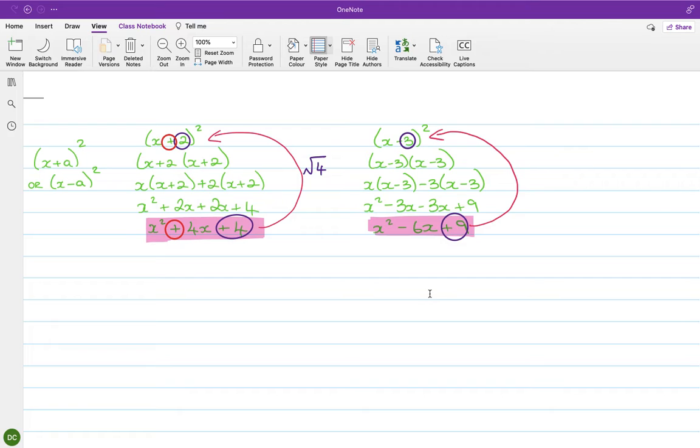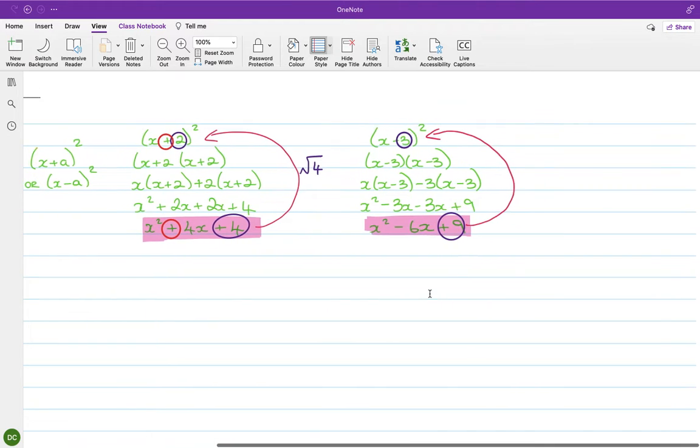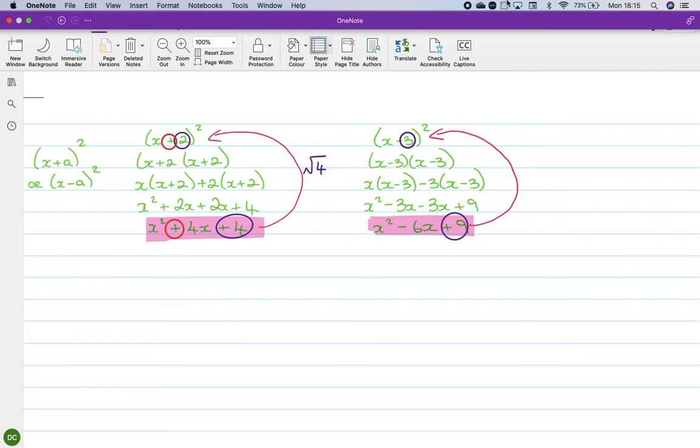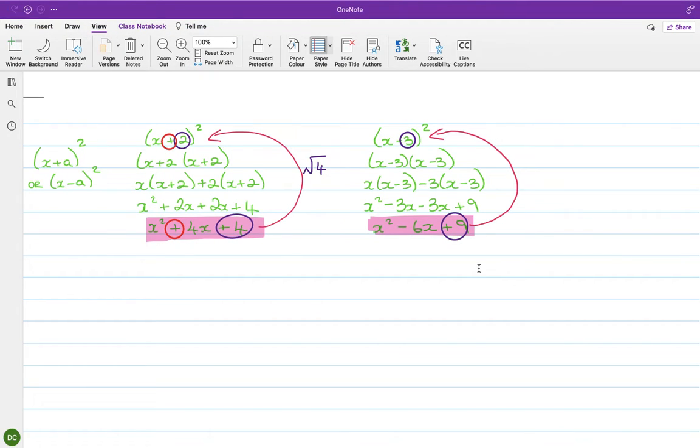So whatever sign is on the 6x, that will match the sign in the bracket. All right.